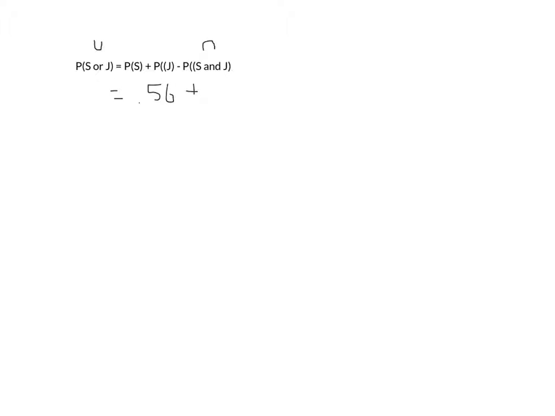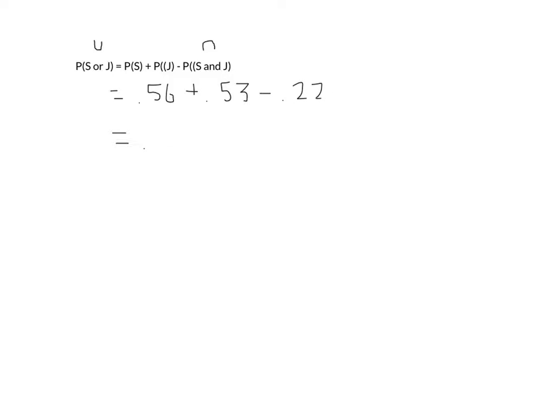And we know from the given information that the probability the person has a job is 0.53. We can also get this from our table or Venn diagram, but these were given right in the problem. And then we know the probability that the student is both was 22%, or 0.22. So we have to subtract that, because again, that 22% was both a part of the 56% and it was a part of the 53%. We don't want to count it twice.